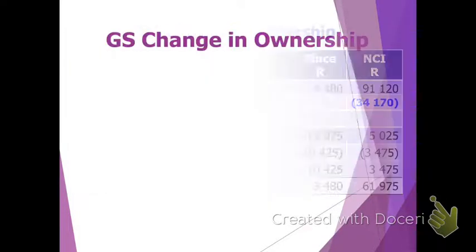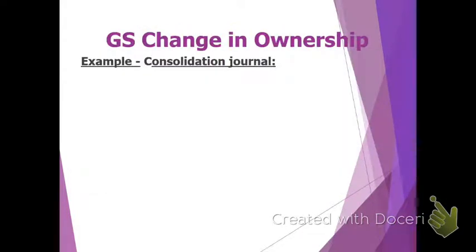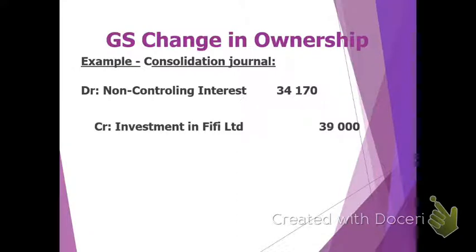Now let us have a look at the consolidation journals for these entries. Firstly, we have taken away the 34,170 from the non-controlling interest, so we actually debited their account. We, Dada Limited, the parent, made an investment in Fifi Limited at 39,000 rands.